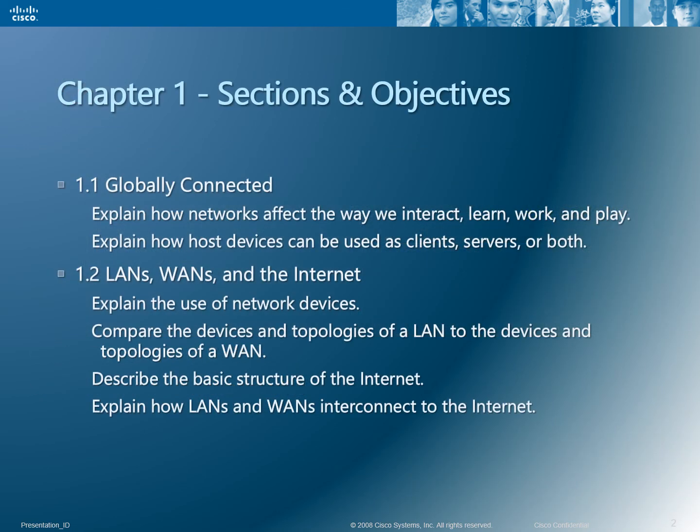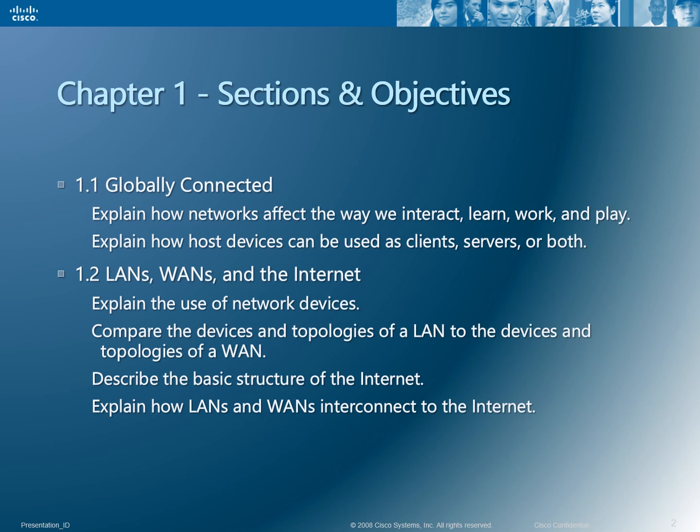Chapter 1 starts out with talking about the global connection that networks provide us. We're going to talk about how we interact, learn, work, and play, how host devices can be used as clients, servers, or both, and what those terms mean. LANs, WANs, and the Internet is where we get into how network devices are used and what categories those devices may fall into.